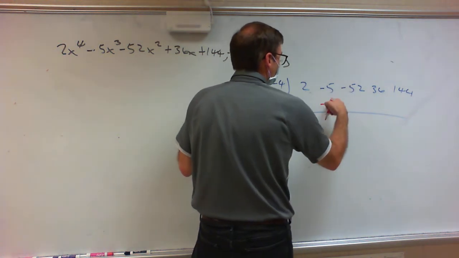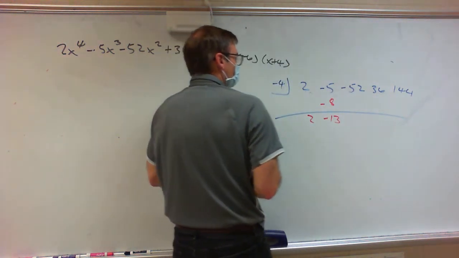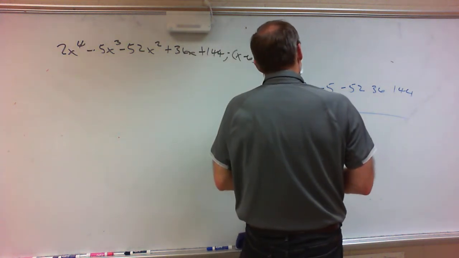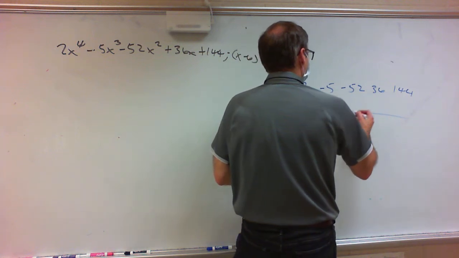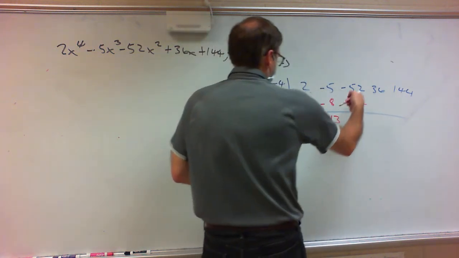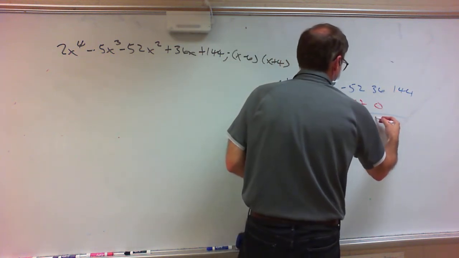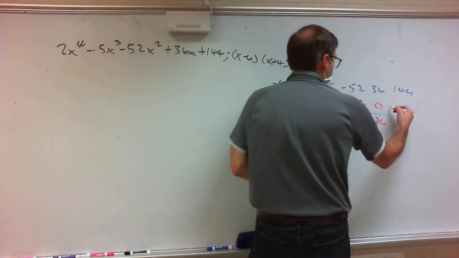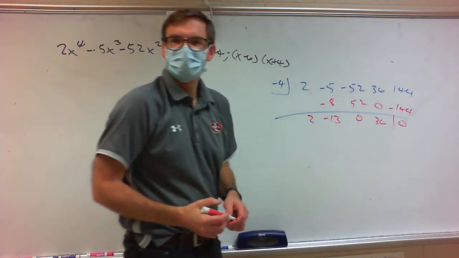Let's see, that's negative 13. That gives me 0. That gives me 0. This gives me a 36. That gives me negative 144. Oh, good, I still get a 0, don't I?